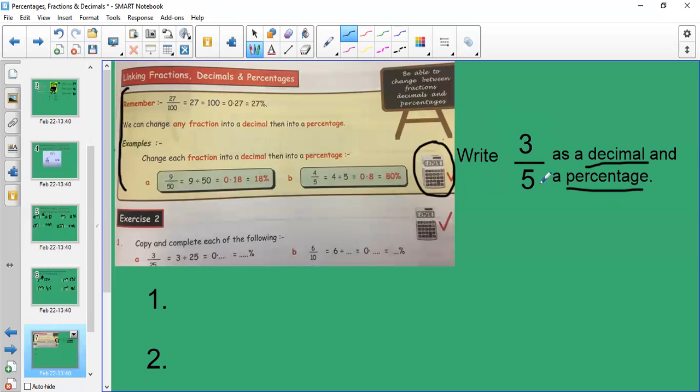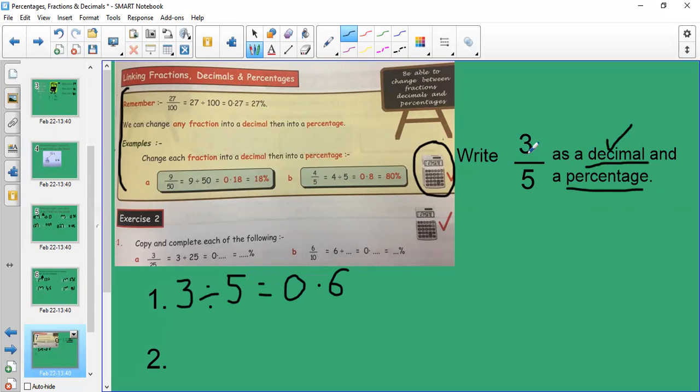So what you need to do is 3 divided by 5. So you would type that into your calculator, 3 divided by 5, which is equal to 0.6. There you have got your decimal, so we can tick that off.